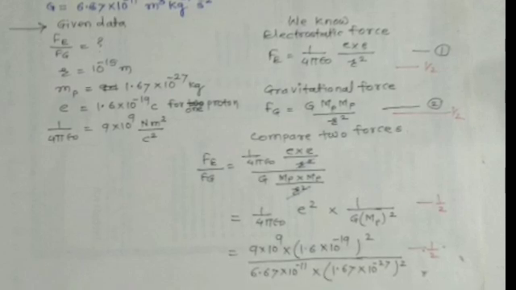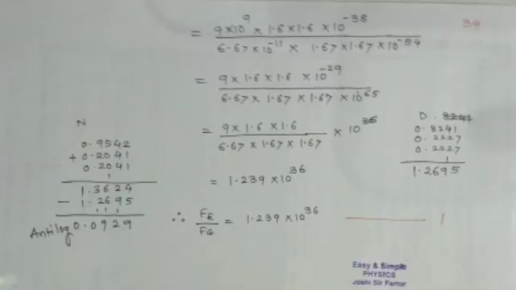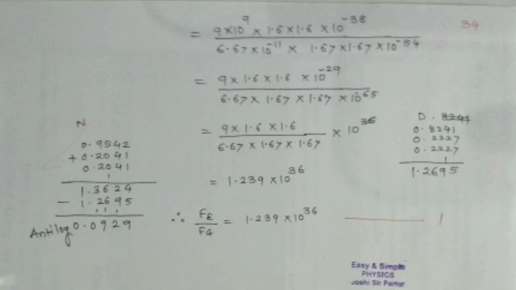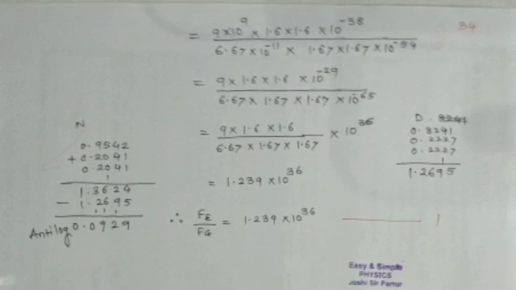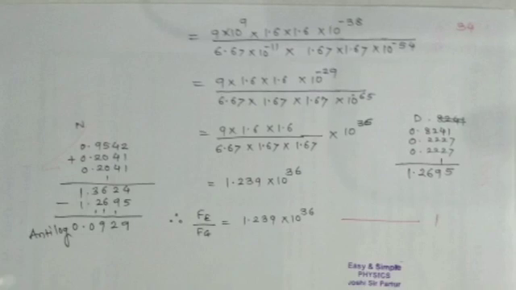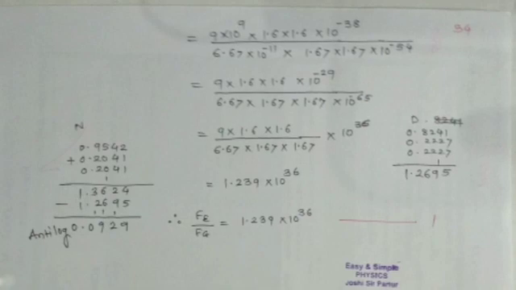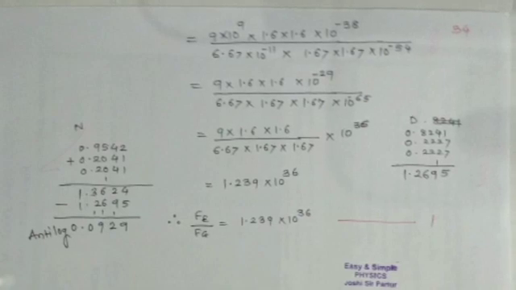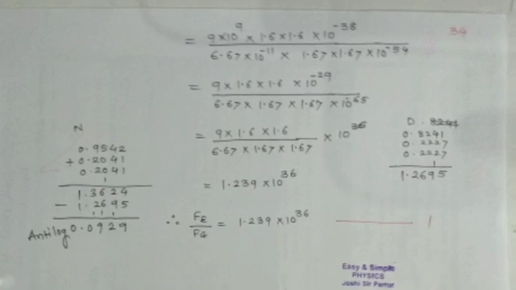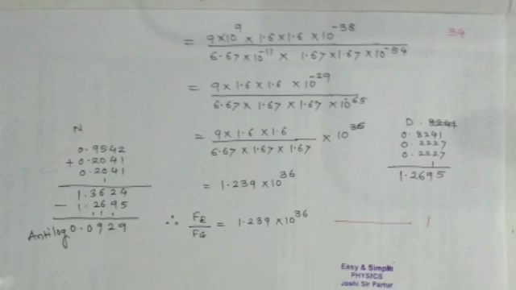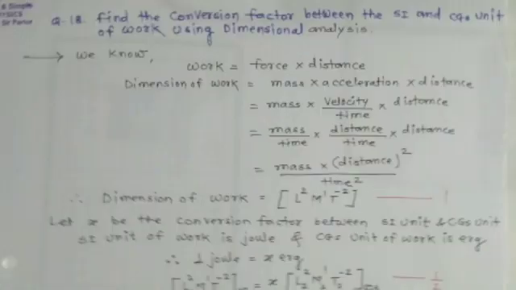If we substitute the values, using logarithmic table, by calculation, the ratio of electrostatic force upon gravitational force is equal to 1.239 into 10 raised to 36, which will be the comparison of the two forces between two protons.